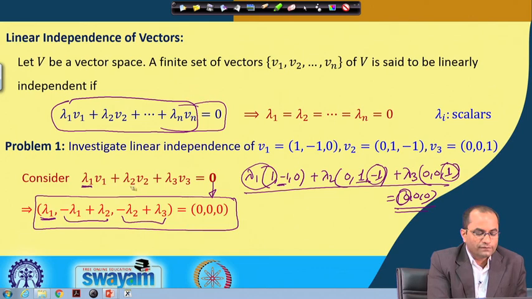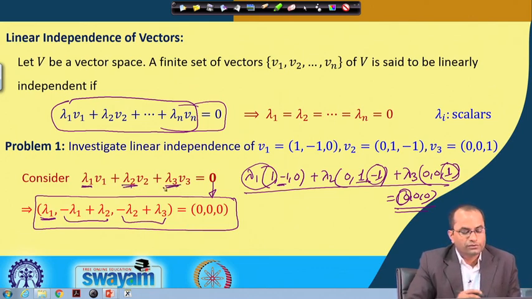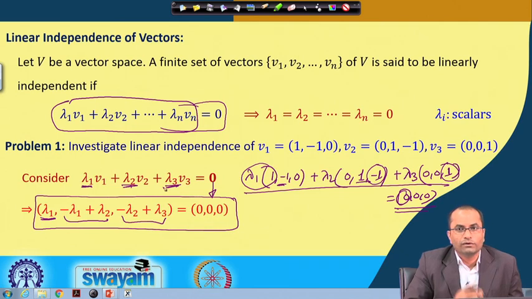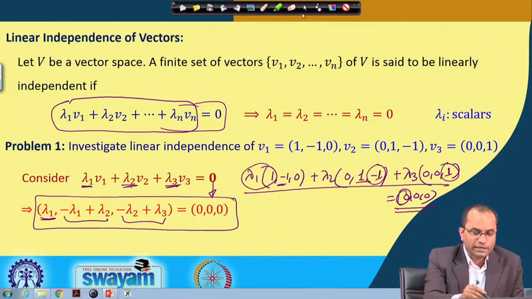So naturally the trivial solution, what we call 0, 0, 0 for the lambdas, but we will see whether we have some non-trivial solution or not. If we have only the trivial solution, that is the 0 solution, then we call them linearly independent.